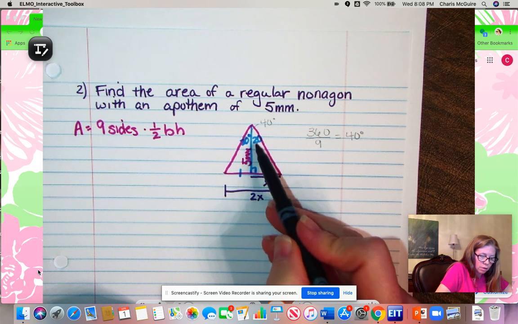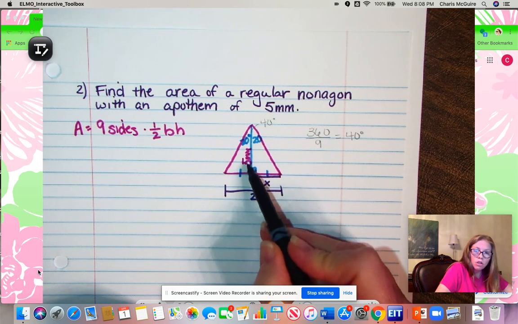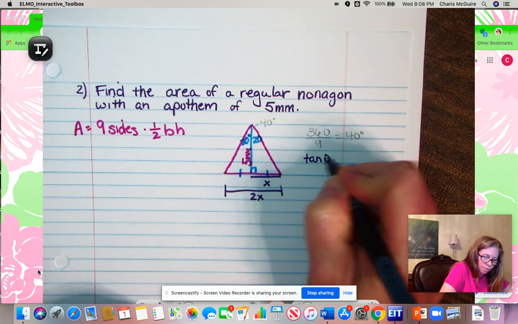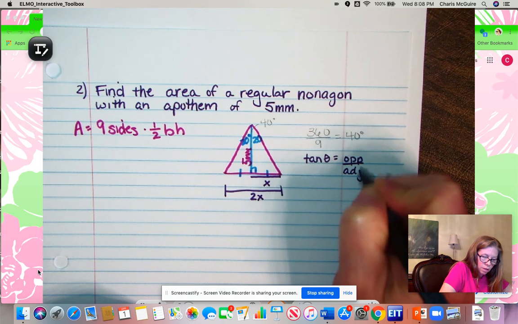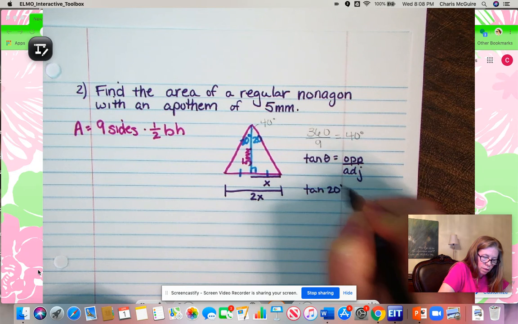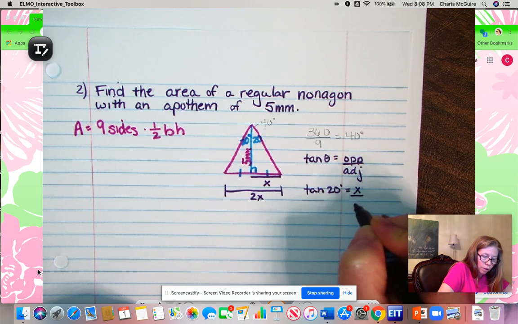From the 20 degrees, we have the opposite. We're looking for the opposite side, and we have the adjacent side. So that's going to be tangent theta equals the opposite side over the adjacent side. So I've got tangent of my angle, 20 degrees, equals the opposite, the x, over the 5 millimeters.